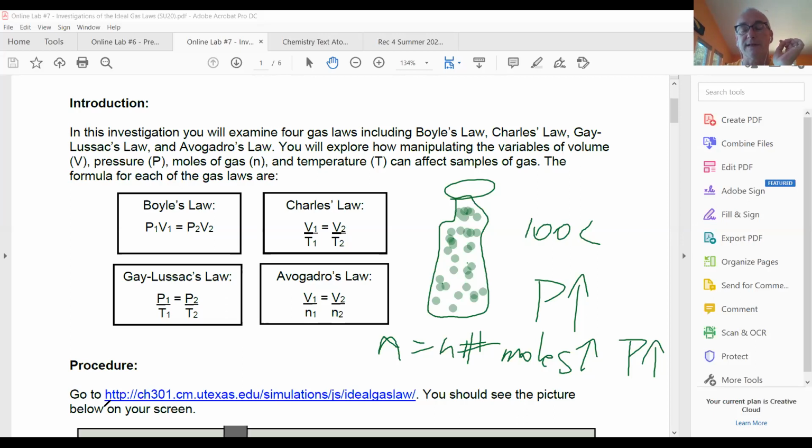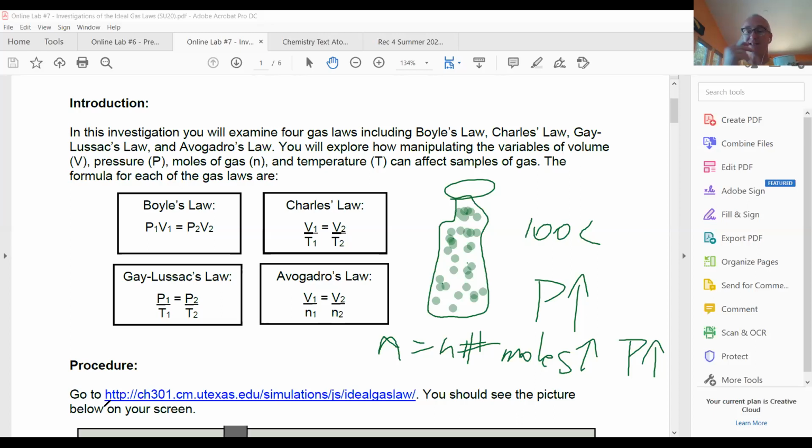That would be like adding more gas. Yes, I mean, adding more gas increases the pressure.